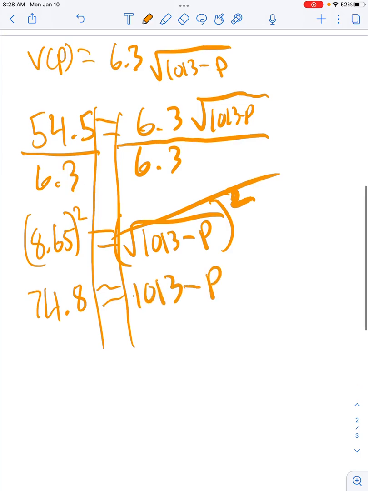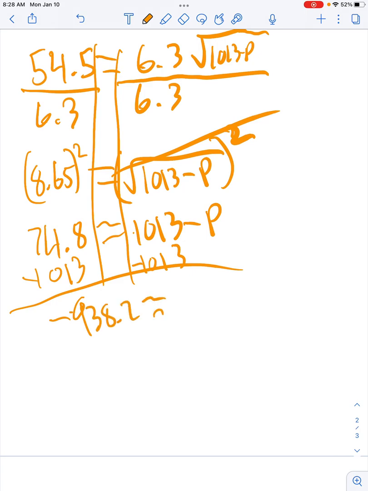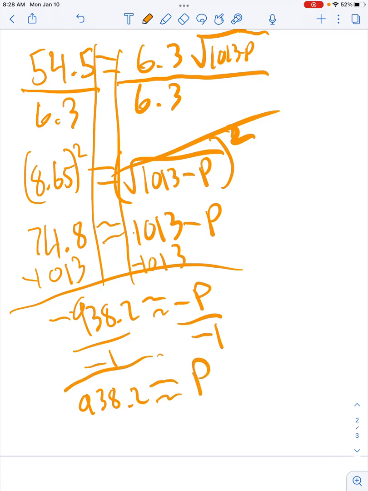Get rid of this 1013 by subtracting 1013, and that's going to give me approximately negative 938.2 is negative P. I didn't want negative P, I wanted positive P, so if I divide by negative 1, I should get my final answer.